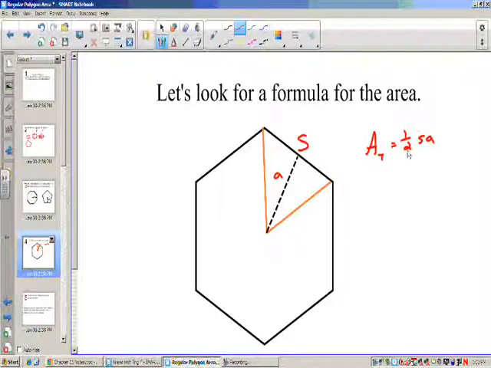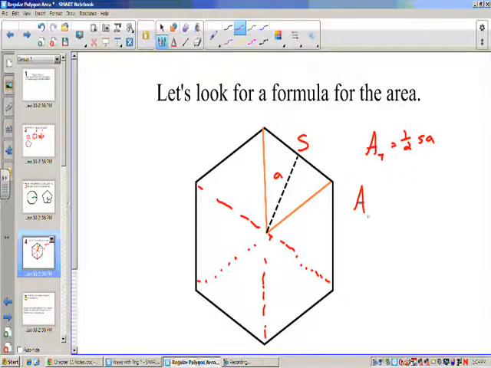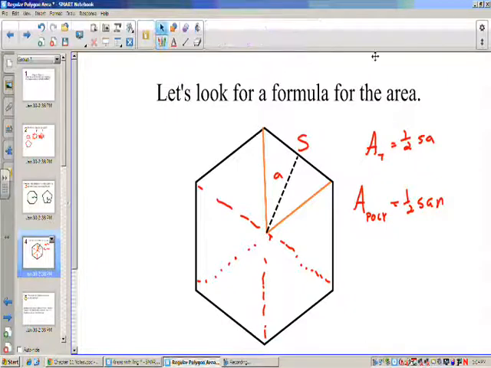Now what we'd have to do is count up how many of these triangles there would be in a polygon. So in this polygon, where there are 6 sides, there will be exactly 1, 2, 3, 4, 5, 6 triangles. So if it has n sides, there should be n triangles. So the area of my polygon will be 1/2 the side length times the apothem times the number of sides.